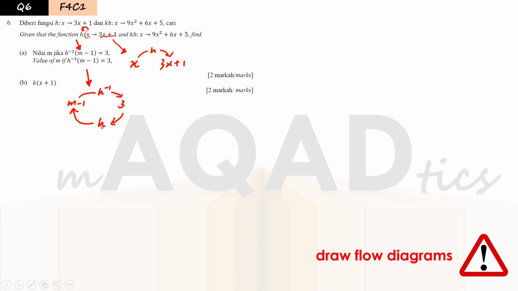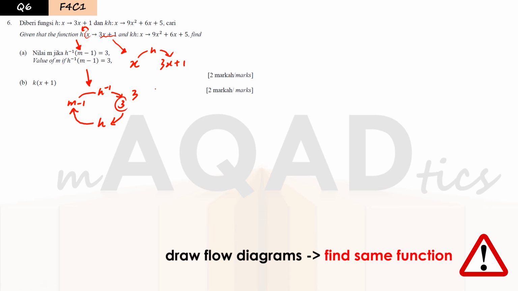Since we have the function h already, from this diagram, why not we just focus on the h function? So 3, I put into h, then I can get m minus 1.